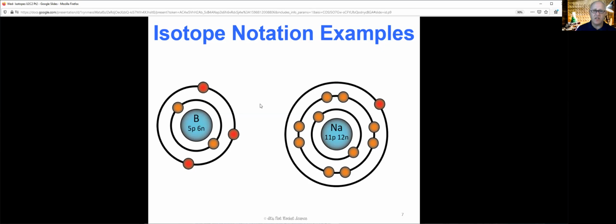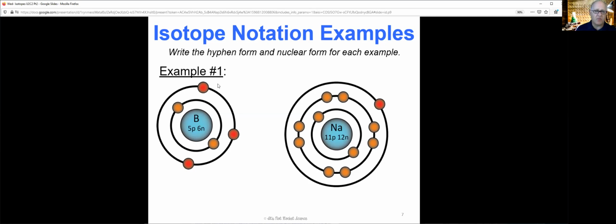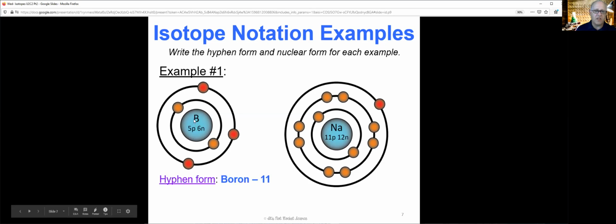Okay, now let's look at the isotope notation. We're going to write the hyphen form and the nuclear form for each example. So let's look at example 1. Here we have the hyphen form is boron-11, because I have the name of the element, which is boron, and I add the protons and neutrons together, which is 5 plus 6, which gives us 11.